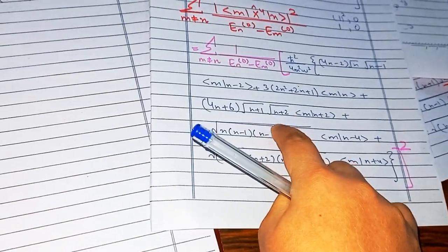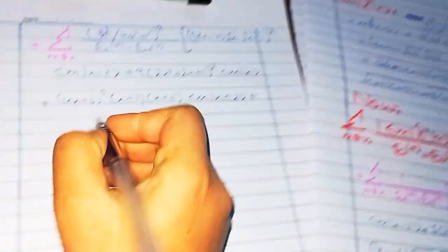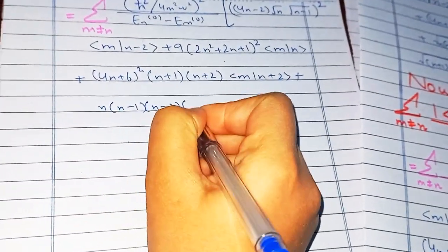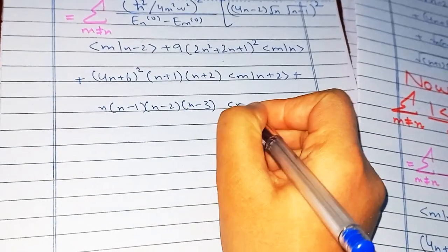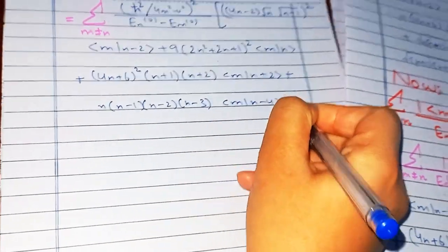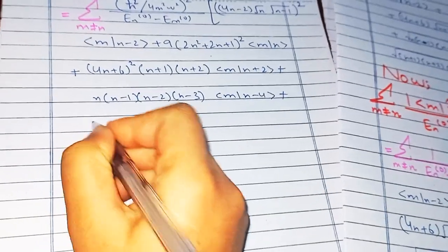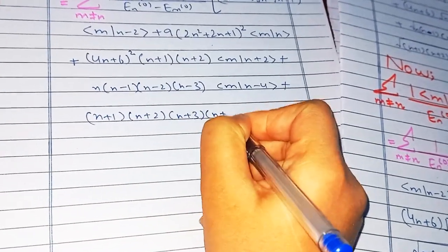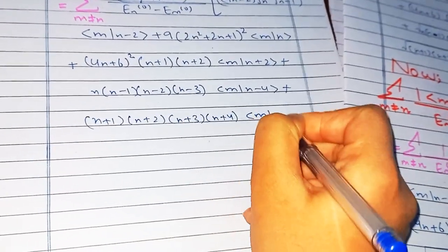Square and under root cancel out, and we have n into n minus 1, with n minus 2 as it is. This term comes as it is. Then square and under root cancel, so we have simply n plus 1 into n plus 2, n plus 3, and n plus 4.